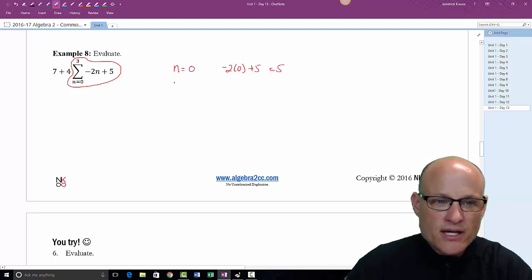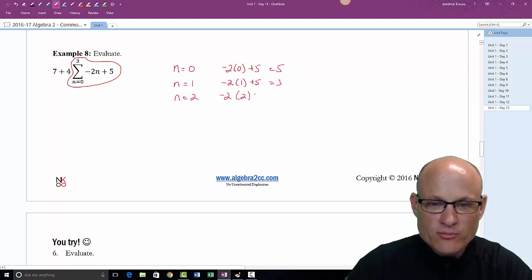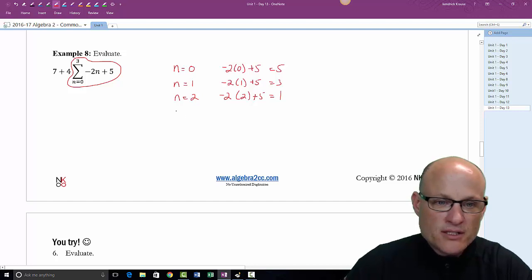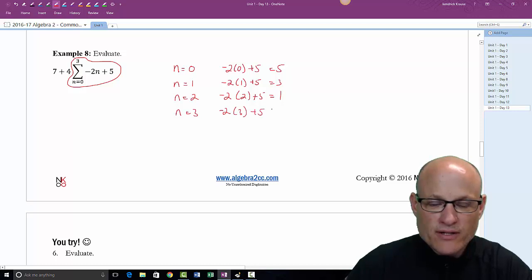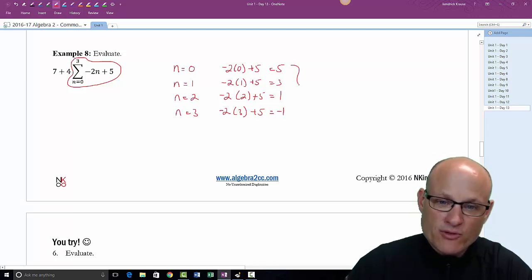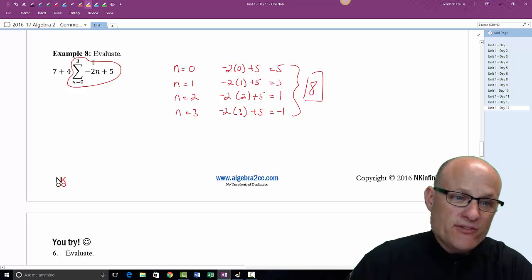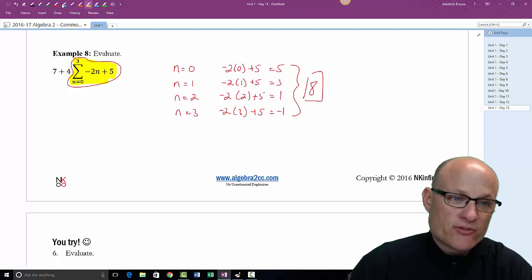That's 5. n equals 1: negative 2 times 1 plus 5, that's equal to 3. n equals 2: negative 2 times 2 plus 5, that equals 1. n equals 3: negative 2 times 3 plus 5, negative 6 plus 5 equals negative 1. Now that says sum them all up. So if I sum all these up, I get 8. So in place of this, it's really just an 8.